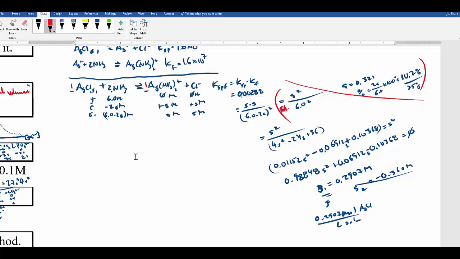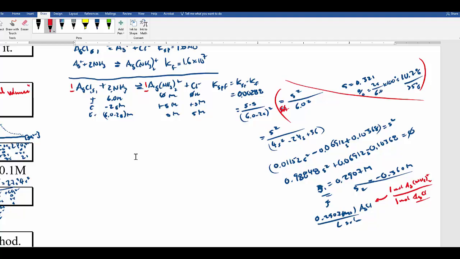It's a 1-to-1 mole ratio. That comes from 1 mole of the complex, because there's no other source of complex. If there are multiple sources of complex, then this wouldn't work. For example, if there's a second reaction here that also forms a complex, then I have two sources. But I only have one source of the complex that comes from the silver chloride. So that tells me that.